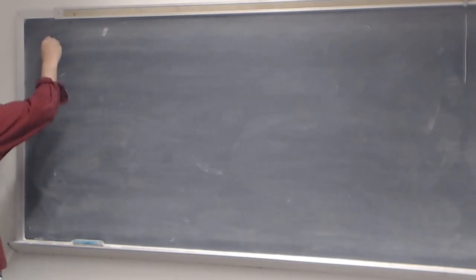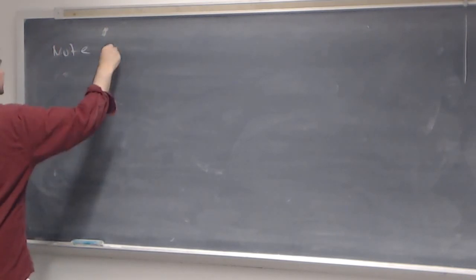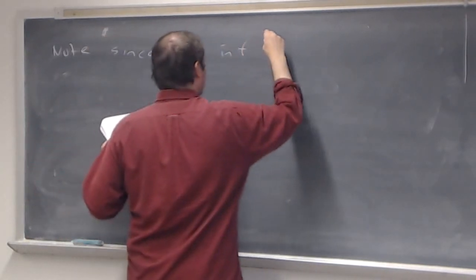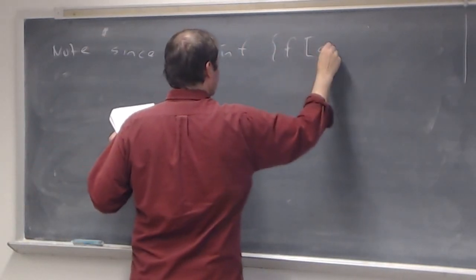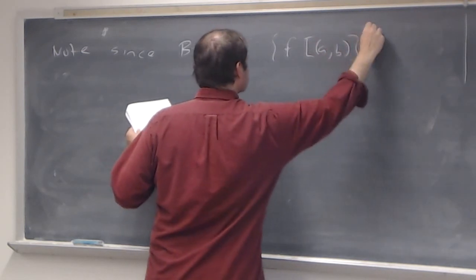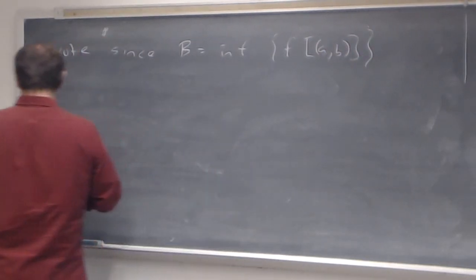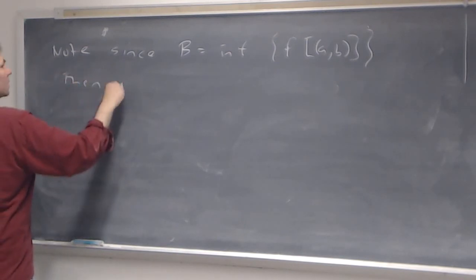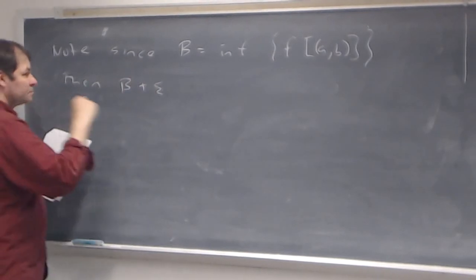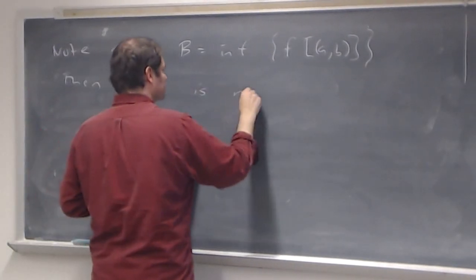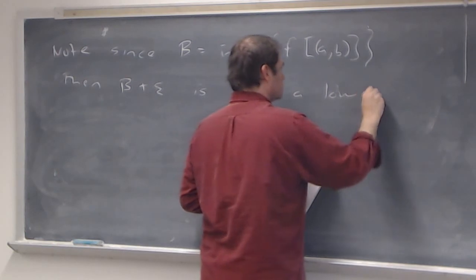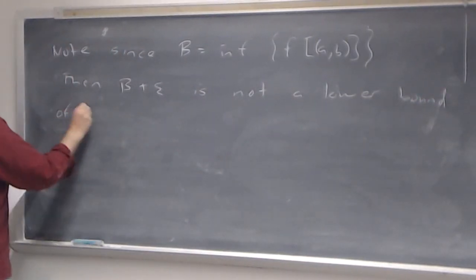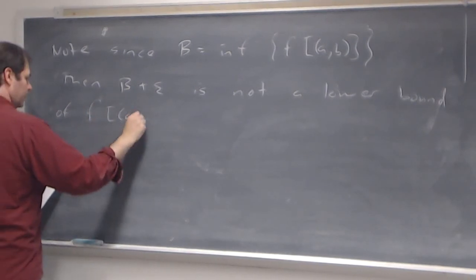All right, well, note, since b equals the infimum of f of x to b, then b plus epsilon is not a lower bound of f of x to b.